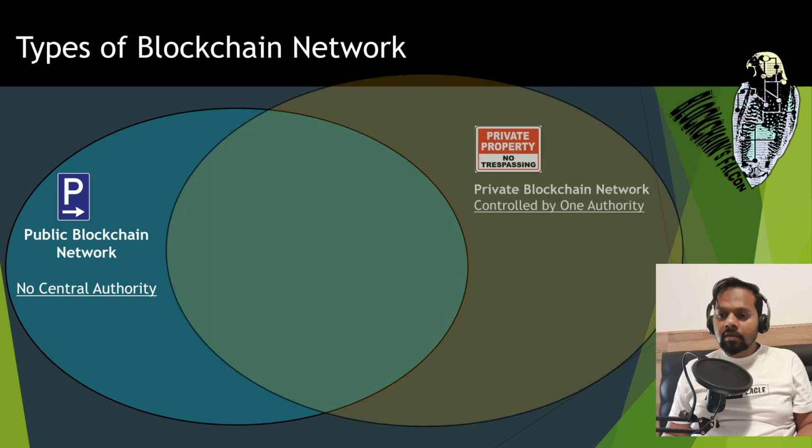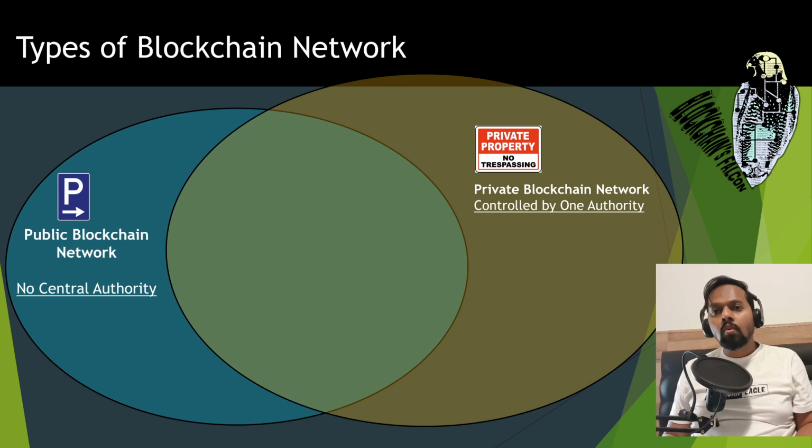Now there is something called a private blockchain network. A private blockchain network doesn't need cryptocurrency, because now we are only talking about a network, we are not talking about an application. Just imagine, a private blockchain network can be controlled by one authority because they want to control their data, they want to possess this data and make sure there is transparency, but within that particular department or within the organization and so on.